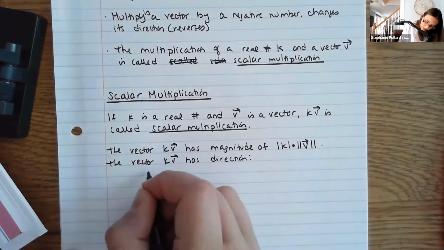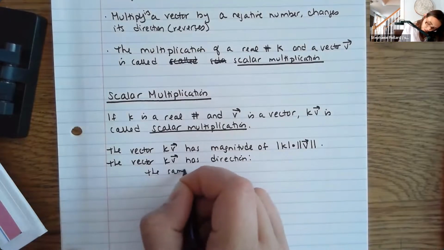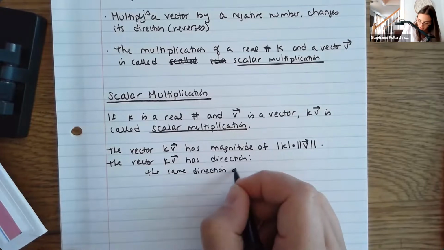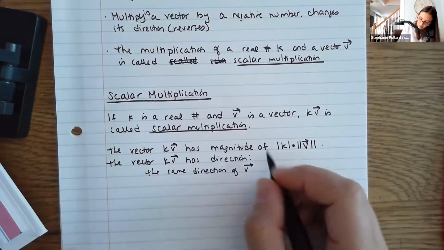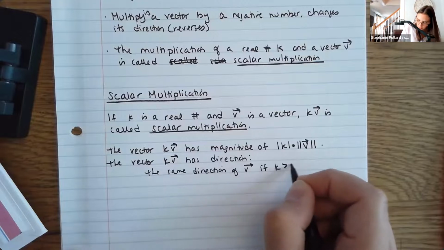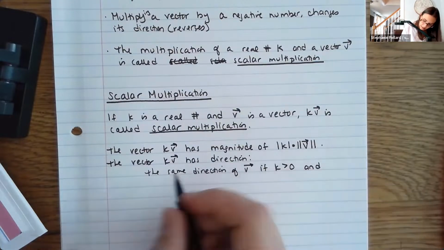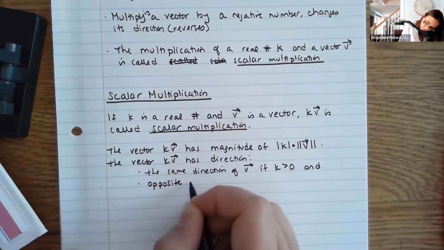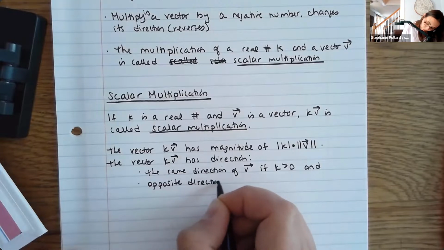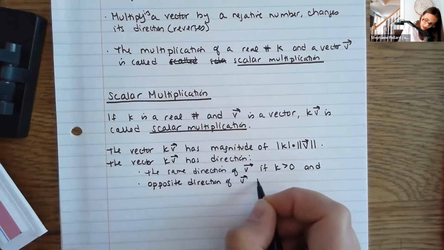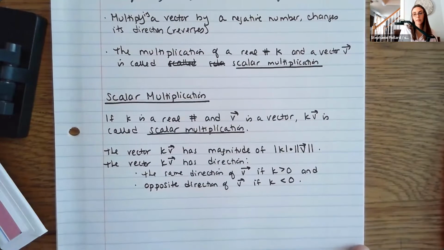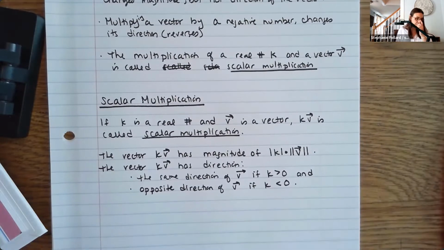It's going to be the same direction as the original vector if k is greater than 0, and the opposite direction of the original vector if k is less than 0. Okay, so that's how scalar multiplication can affect things as we're going.